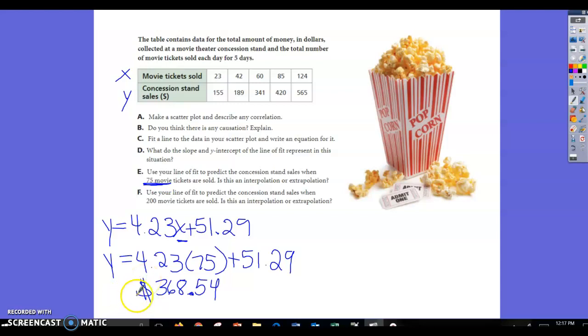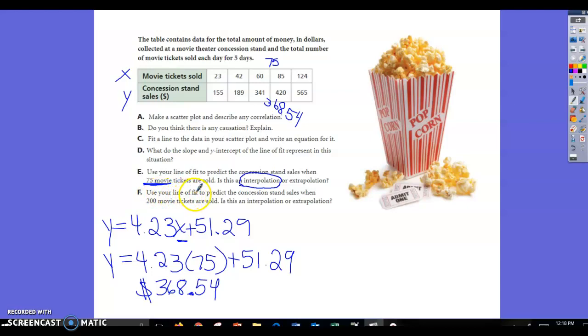All right, so concession stand sales would be about $368.54 for 75 tickets. Because 75 fits inside the domain here, that means this is interpolation. Hopefully you've reviewed these definitions.